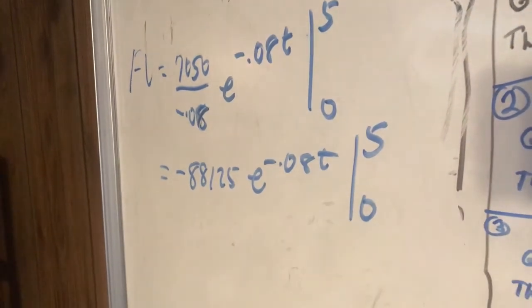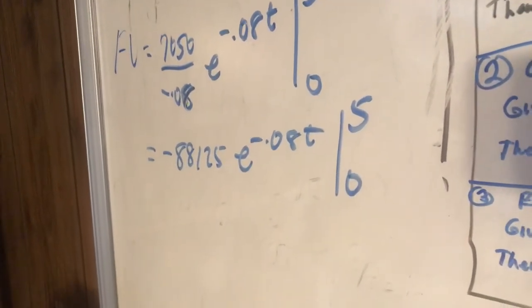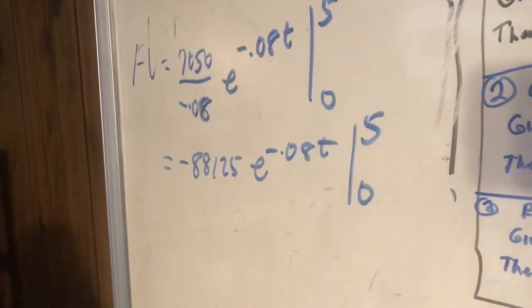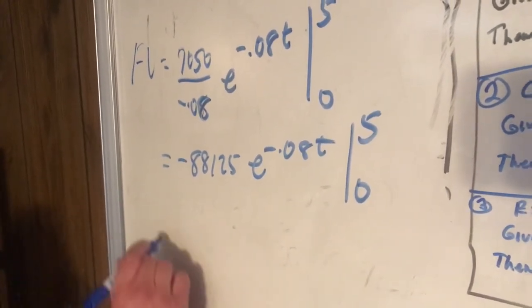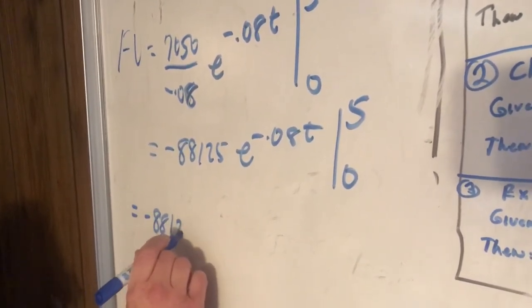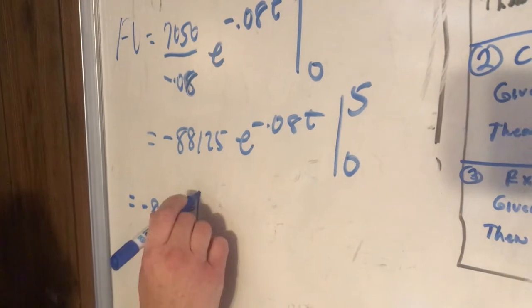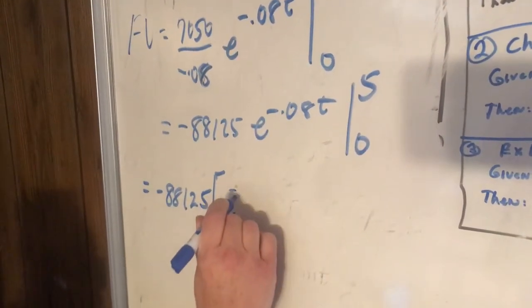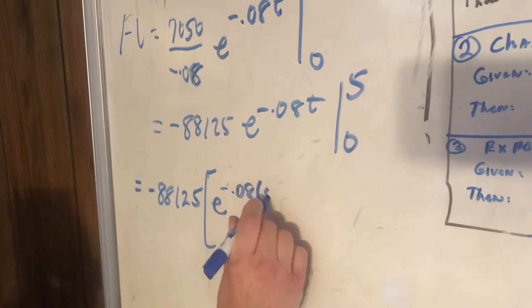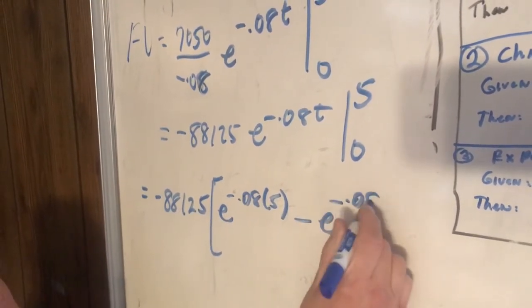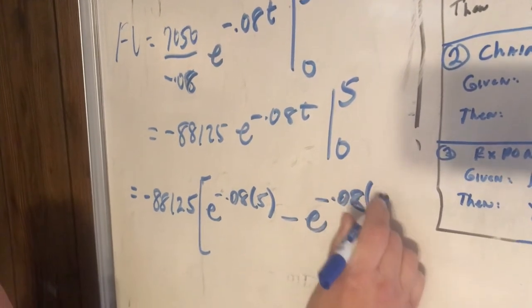Now what I'm going to do, since the minus 88 is a constant, I'm going to factor that out when I do this. So I'm just going to take the e to the minus 0.08 times 5 minus e to the minus 0.08 times 0.